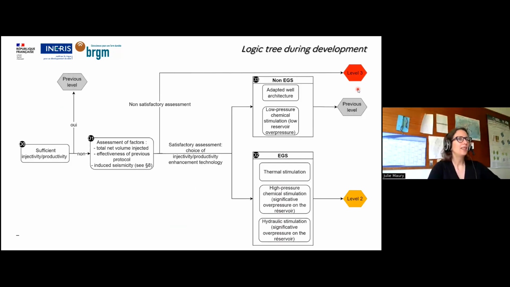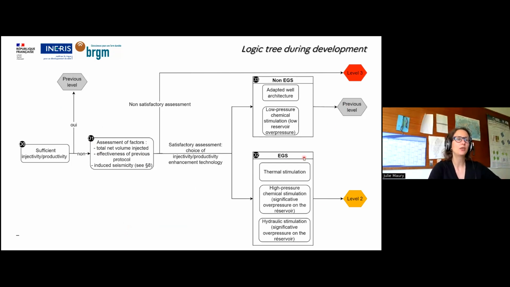And the last one is a logic tree during development. So in this case, we have some factors to look at before doing some things, such as what is the total net volume injected, and then what you will be doing. Is it EGS or is it non-EGS?